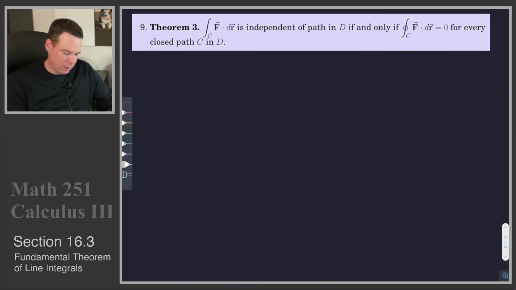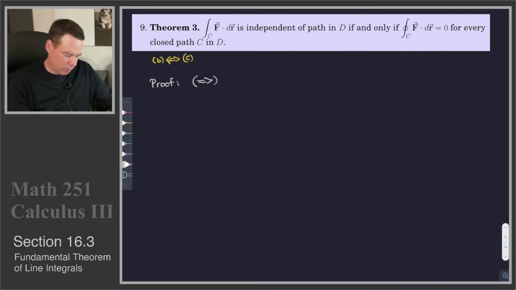So let's go ahead and prove that B and C are equivalent. We'll just make a note here that this theorem 3 is that B and C are logically equivalent. One implies the other. This is what we want to prove. So we'll prove this direction first.